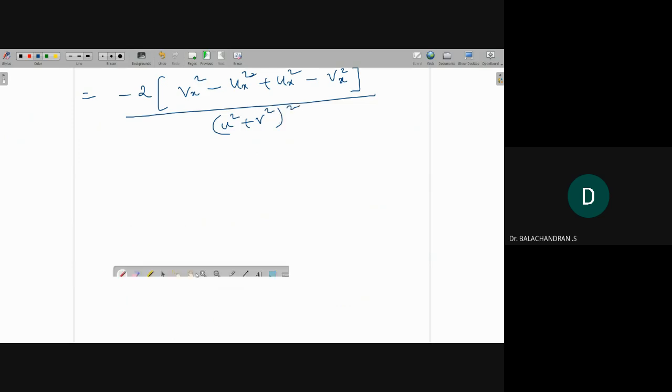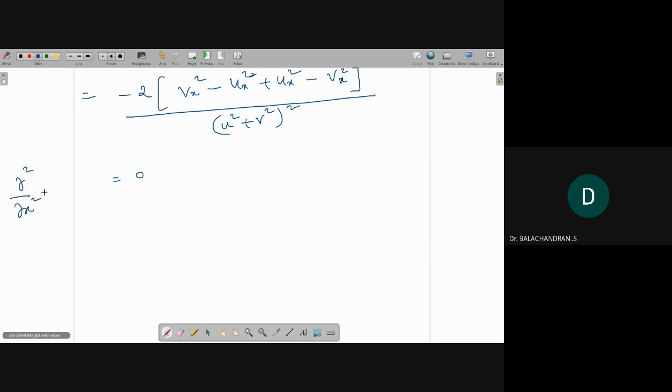So now it is equal to 0. So the left hand side, dou square by dou x square plus dou square by dou y square of argument of f of z, equal to 0.